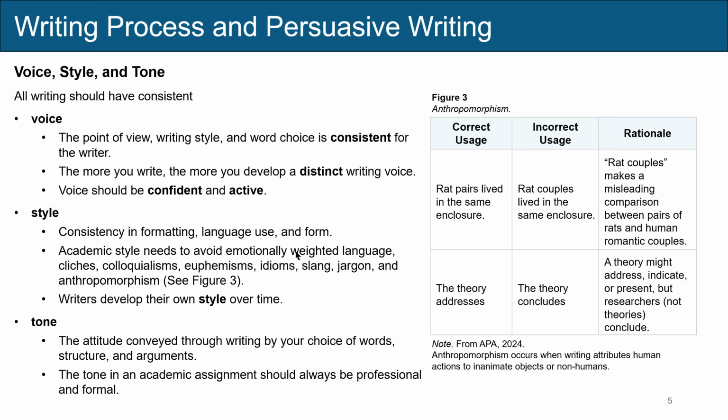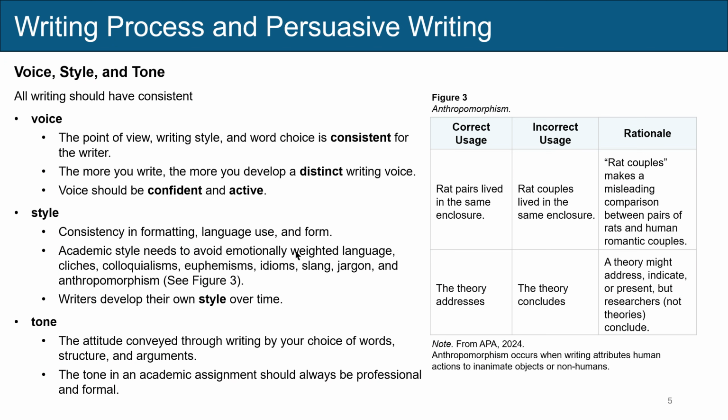We have to be careful about how we do that. And just like voice, writers develop their own style over time. There are certain things that I do in my writing that are distinct to me. The way I write sentences, the way I organize information, that's based on my own writing style.